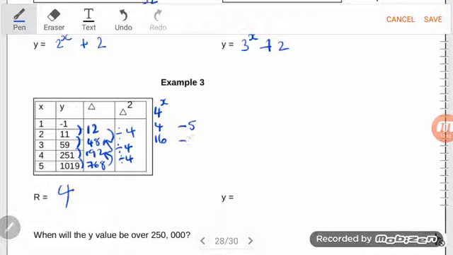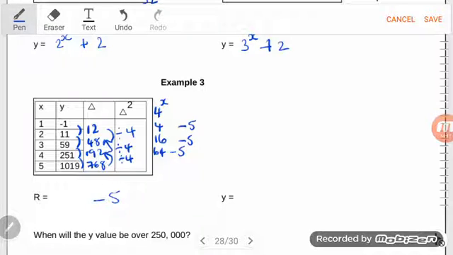If we subtract 5, we're going to get 11. 4 to the power of 3 is 64. 64 minus 5 is going to give us 59. Okay, so 4 to the power of x minus 5 is our equation.